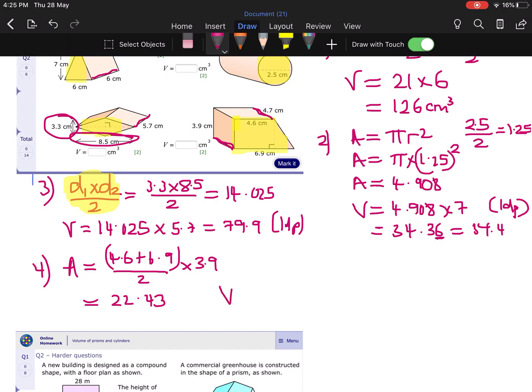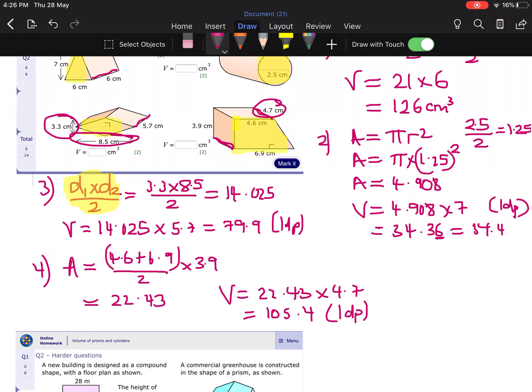And then I want my volume. The volume of the prism is the area of the front face, which is what we just calculated, times by the length, which is here, 4.7. And that gives us 105.4 to 1 decimal place.